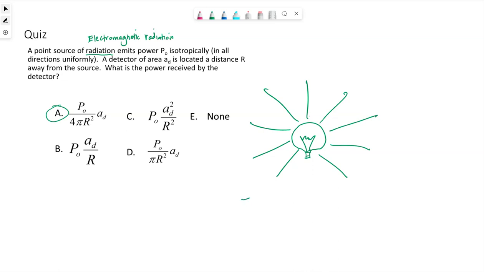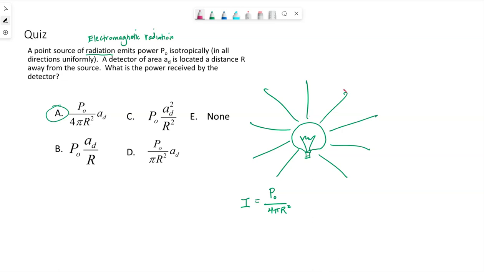So when we talk about intensity being power, the power here says this point source is P naught. If it radiates in all directions uniformly, then we would divide that by the surface area of a sphere, 4 pi r squared.